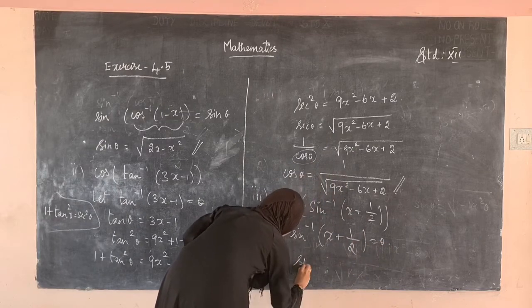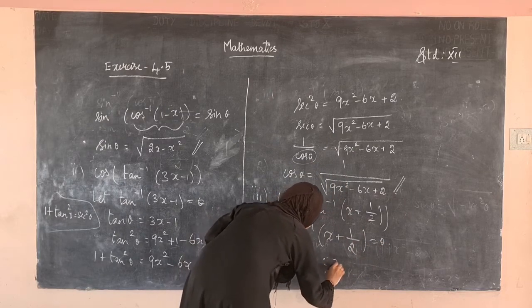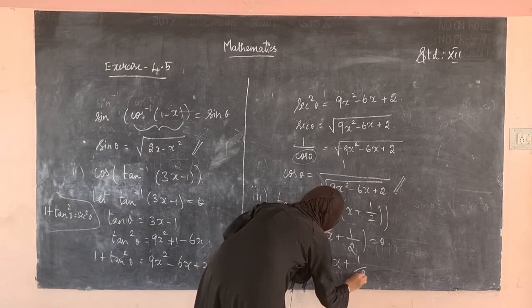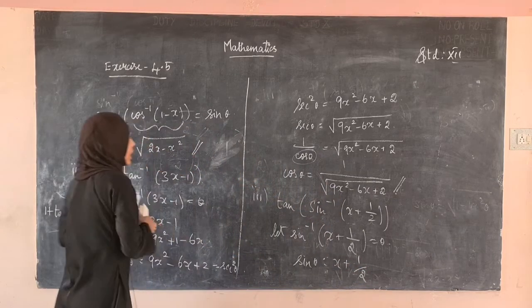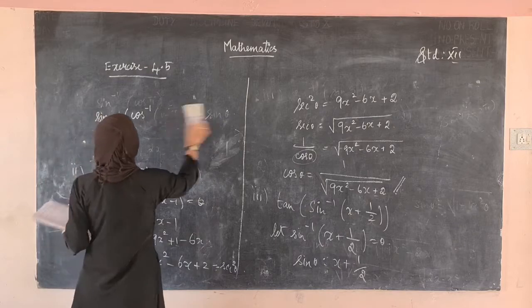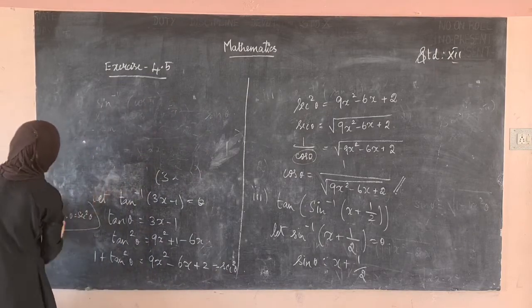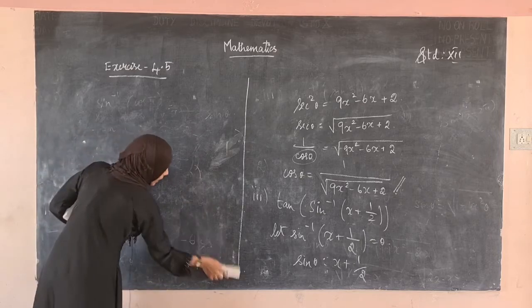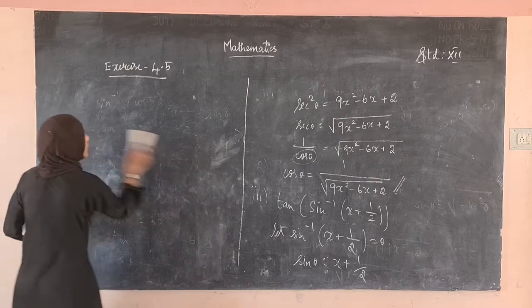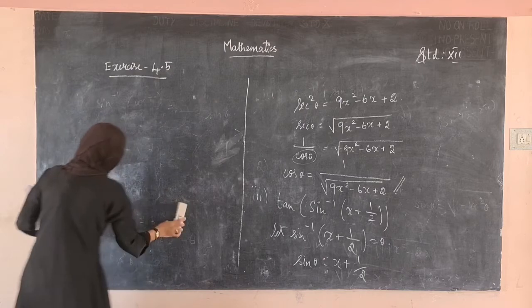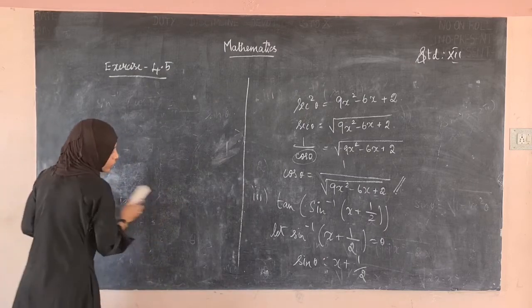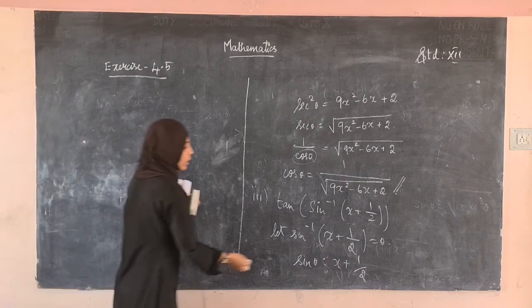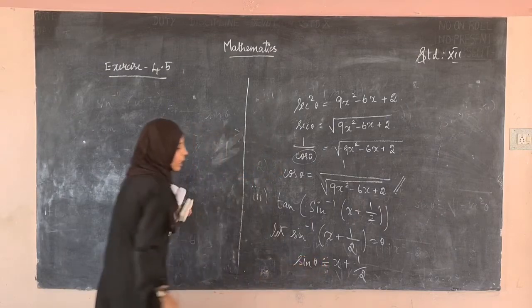Then sin theta will be equal to x plus 1 divided by 2. From sin theta, how can we find tan theta? We can find cos theta, then sin theta divided by cos theta is equal to tan theta. So from sin theta we have to find cos theta. How can we find cos theta?